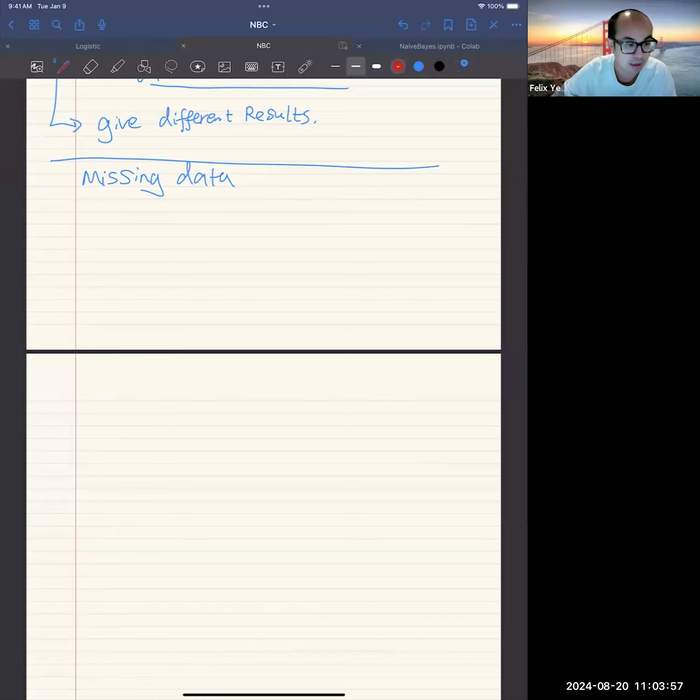In a generative classifier, we can handle this situation by marginalizing out these missing values. So we can marginalize the missing values.